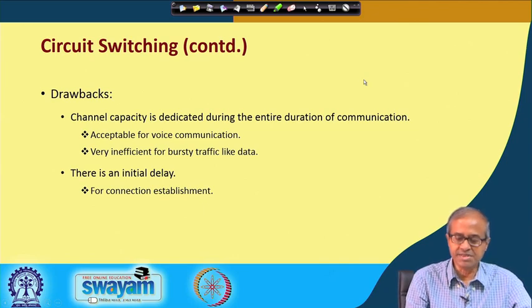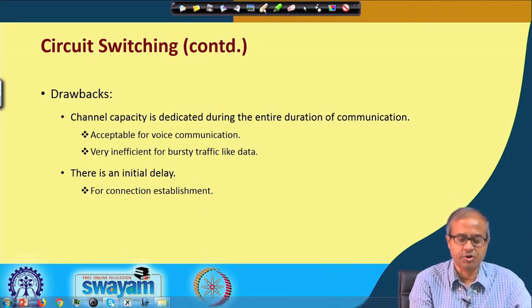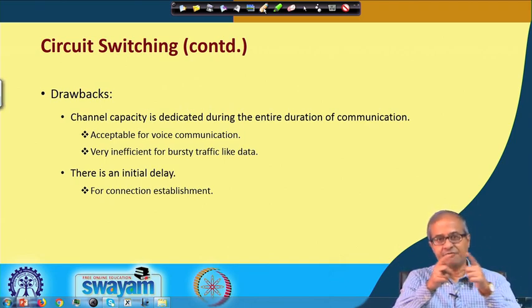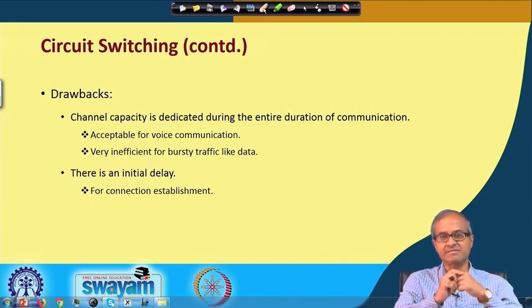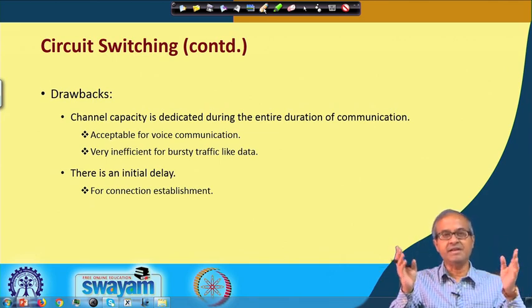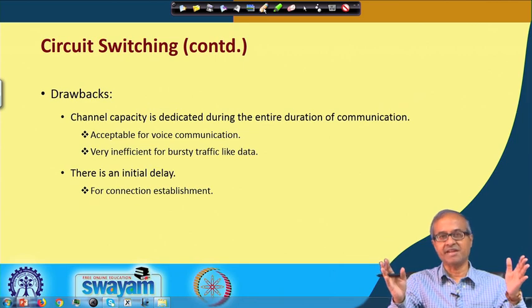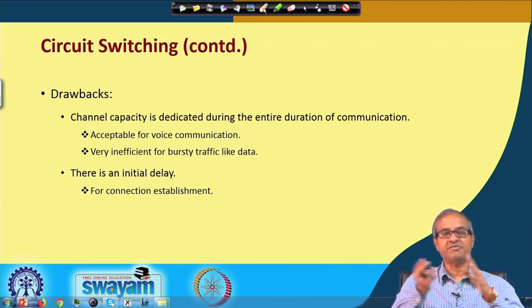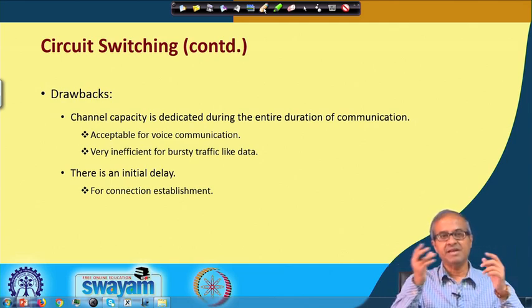Now, circuit switching has some obvious drawbacks. First drawback is that because you are having dedicated links from the source to the destination, during the time the communication is active, this entire channel is dedicated for the communication. But when you transmit data, it is not being transmitted continuously.